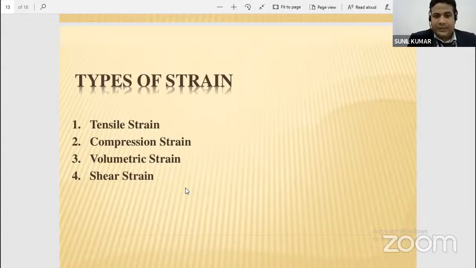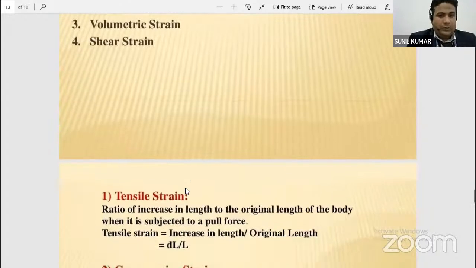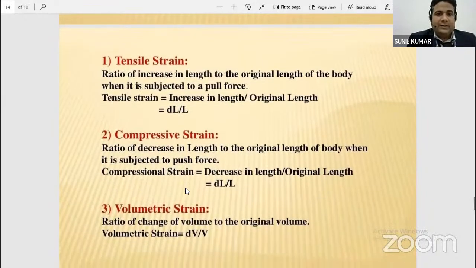Again, I am showing one picture. Tensile strain is the increase in length divided by original length, which is known as DL by L. If you are talking about compressive strain, it is the ratio of decrease in length to the original length of the body, defined as decrease in length divided by original length, DL by L. Then volumetric strain, that is, change in volume divided by original volume.